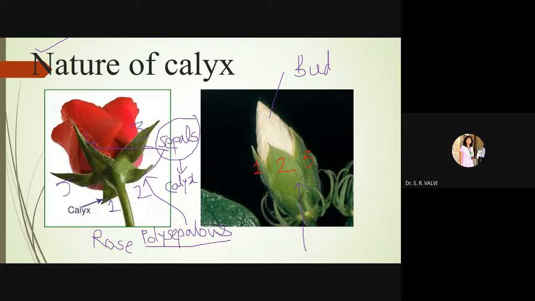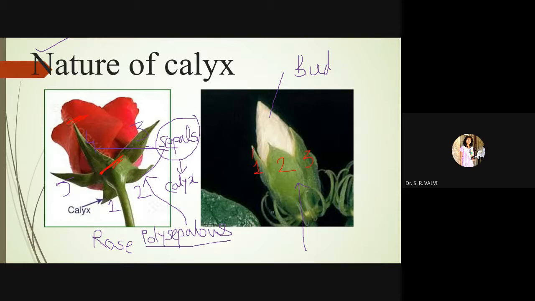Whatever sepals you observe in the rose are free, right from the base to the apex.